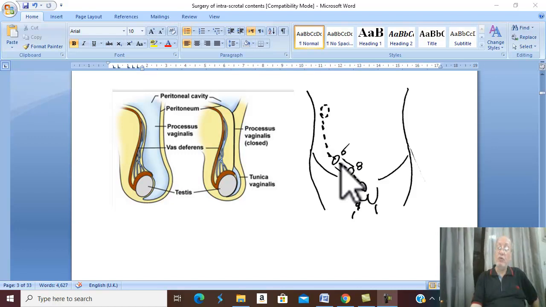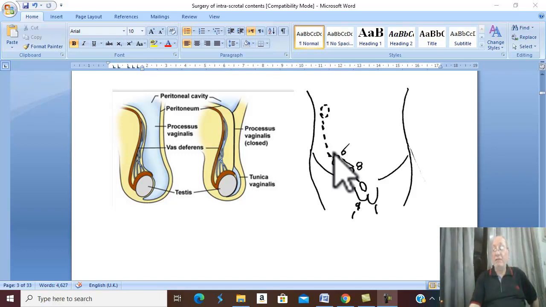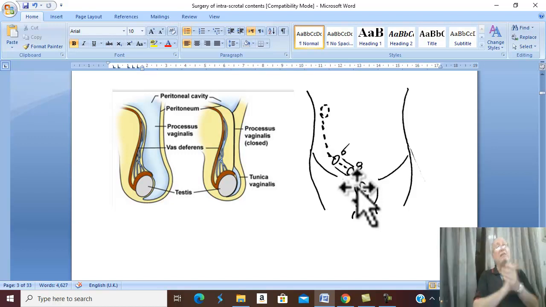With the short spermatic cord and short vessels, you can push the undescended testis upward, but you can never push it downward to the scrotum. This is the main difference between inguinal ectopic and inguinal undescended testis.